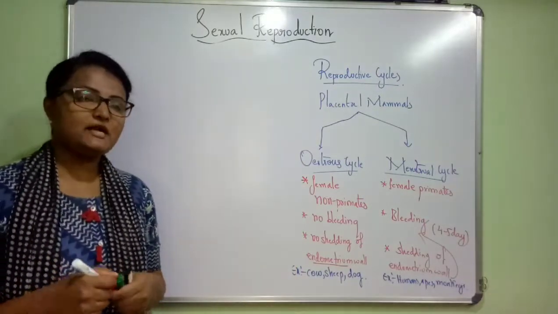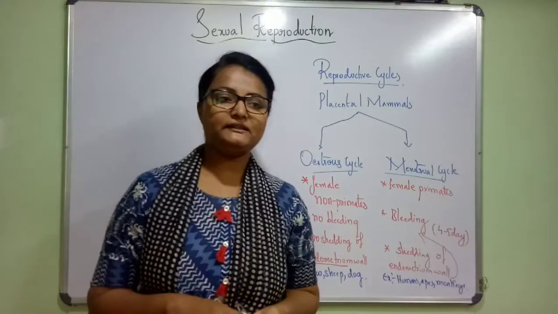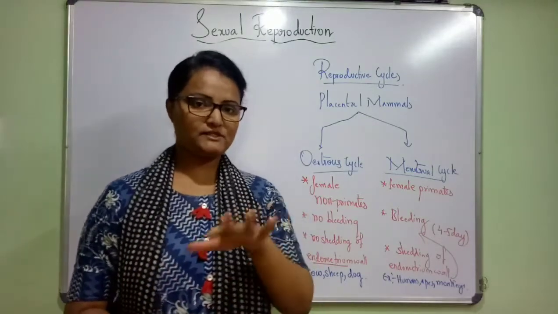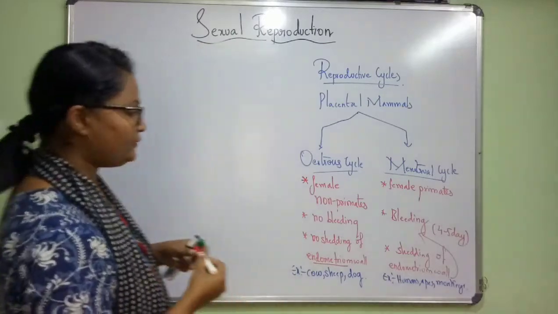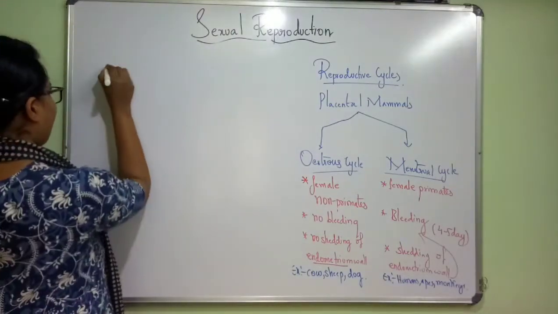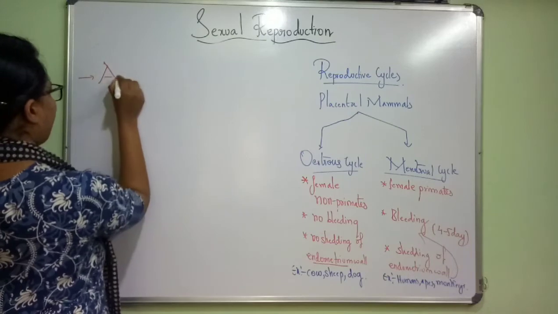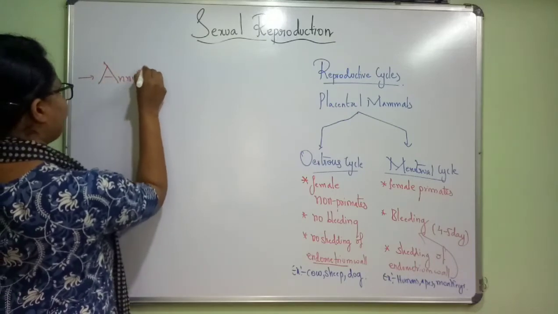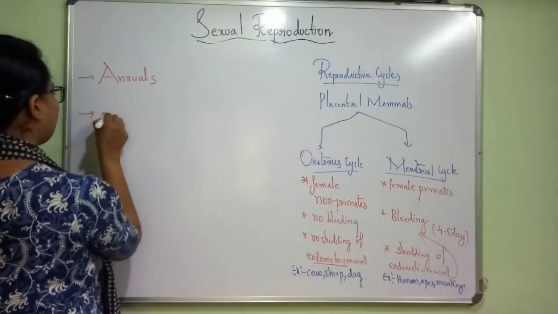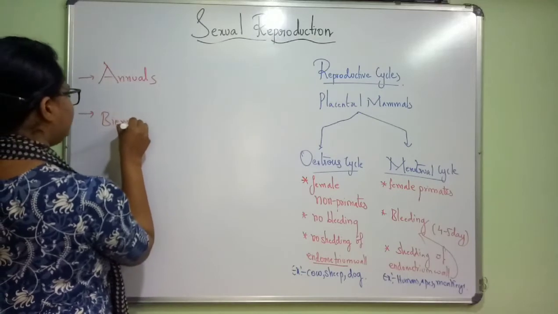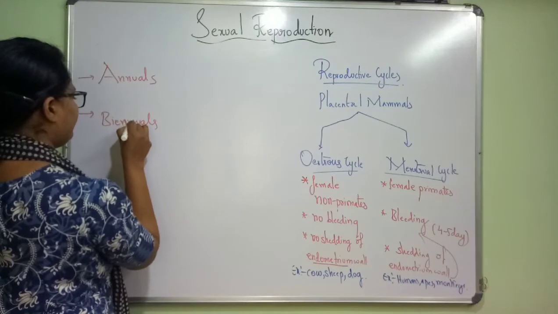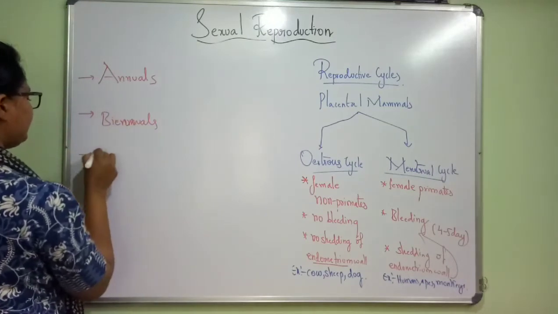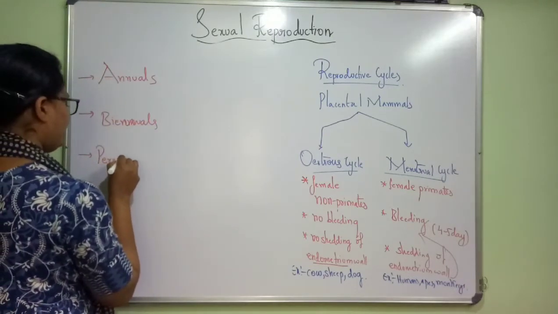In plants, based on their life cycles or lifespan, the plants are classified into 3 types: annuals, biennials, and perennials.